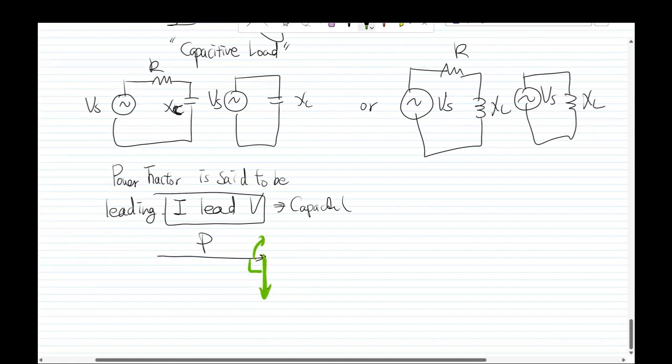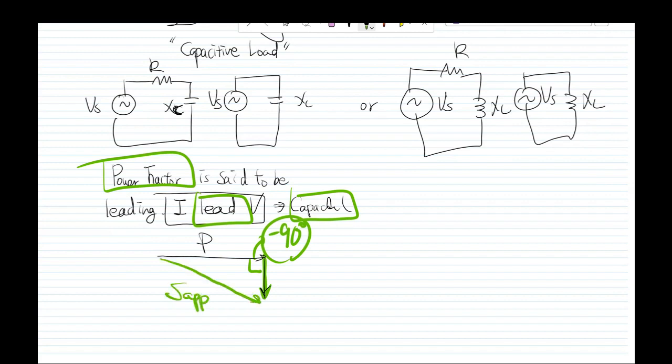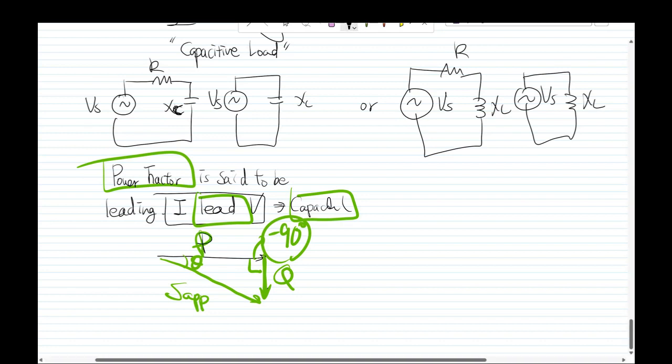Downward, minus 90 degrees, the capacitor gives leading, okay? So S sub app, like this one, that is the setup. That is the Q, this is my P.